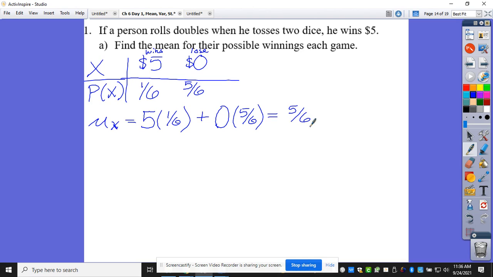Now, if we're talking about it like money, because it would make more sense here, what's 5/6 as a decimal? So what this is saying is people playing this game, on average, every time someone plays this game, they are winning about 83 cents per game.